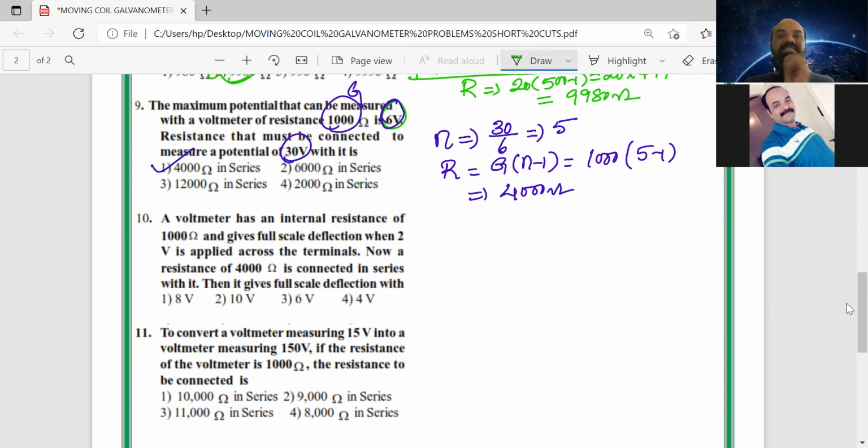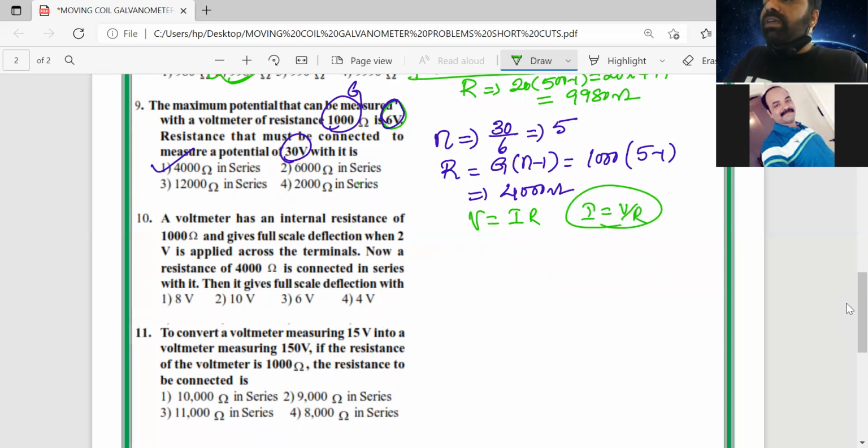Now a resistance of 4000 is connected in series. Guys, connecting in series means the current is constant. From Ohm's law V is equal to IR, therefore I is equal to V by R. In the first case V1 by R1 is equal to the second case, connected in series, R1 plus R2.